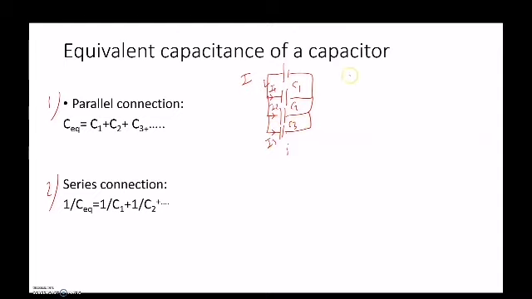According to the junction rule we studied in grade 10, I equivalent or I total equals I1 plus I2 plus I3, etc.